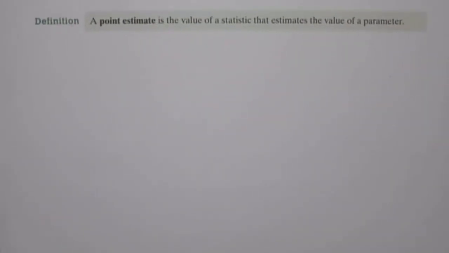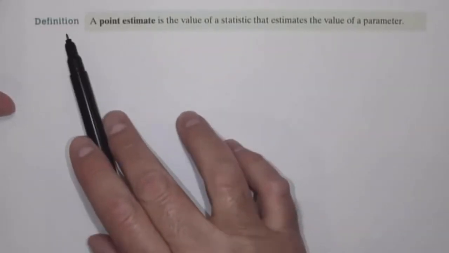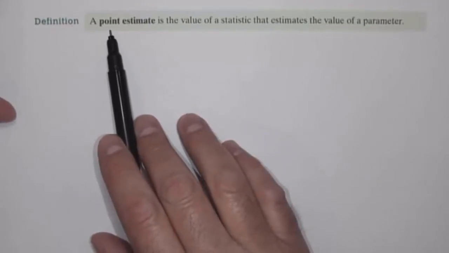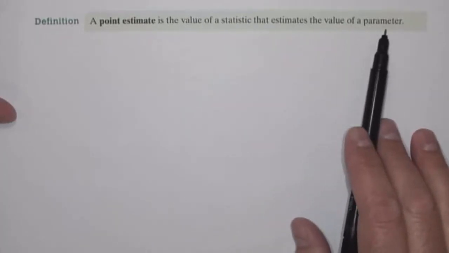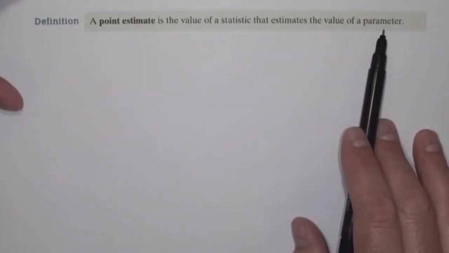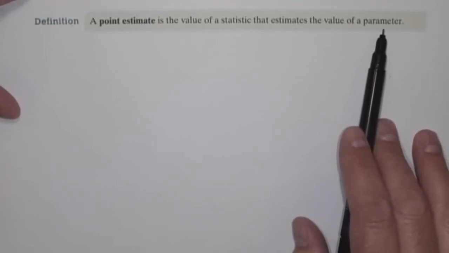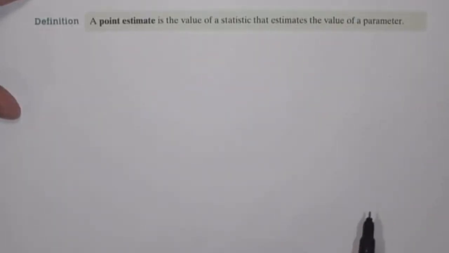So when we want to find a confidence interval, we begin by finding a point estimate. So let's define a point estimate. A point estimate is the value of a statistic that estimates the value of a parameter. So depending on the particular statistical measure that we are discussing, we're going to use the corresponding statistic as the estimate for the parameter.